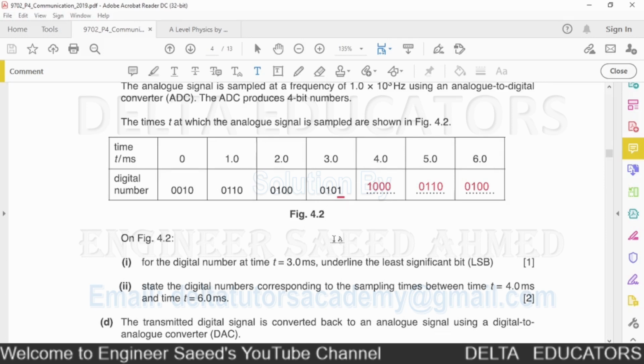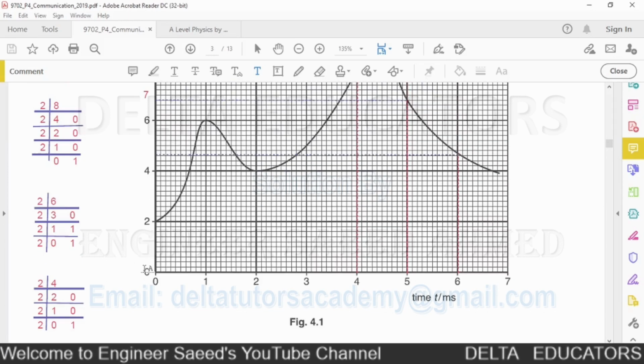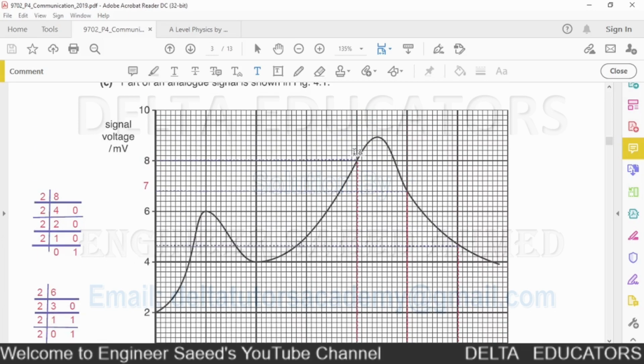Number 2: state the digital number corresponding to the sampling times between t equal to 4 millisecond and t equal to 6 millisecond. Means here at t equal to 4, 5 and 6 millisecond, we have to find the digital number. At t equal to 4 millisecond, the number is 8.